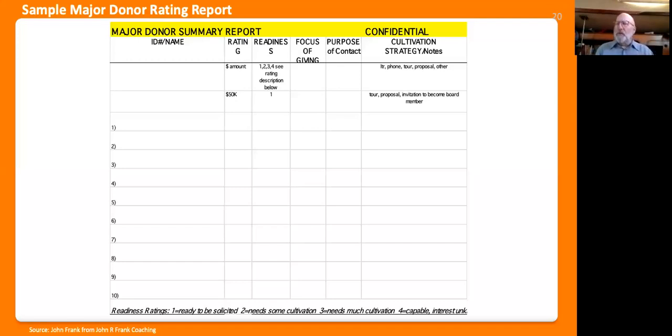Now a 2, this is 2 and 3 have a lot of variables. It could be that they're a donor if they're 2, but it could be just smaller impulse donors. It could be that we know that they have some wealth. And I say this without being callous, but they've got the new Mercedes every year at church.